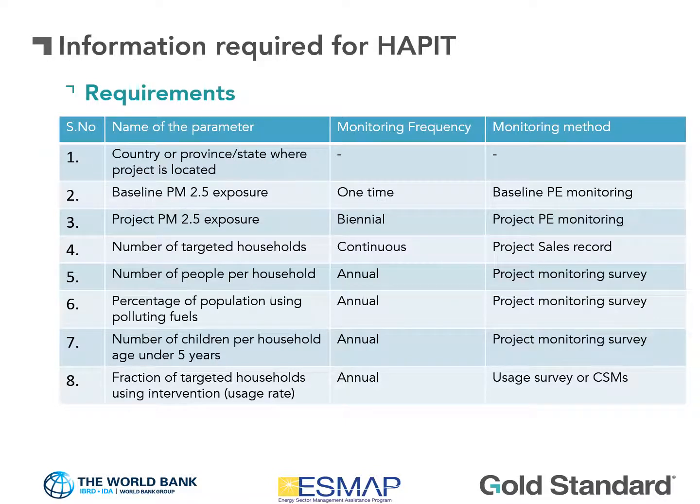So for instance, you can see number 2, baseline PM2.5 exposure is conducted one time, and the monitoring method is the baseline personal exposure monitoring. For example, number 8, fraction of targeted households using the intervention, which is known as the usage rate, is conducted annually, and the source or monitoring method is usage survey or CSMs, continuous stove monitors.